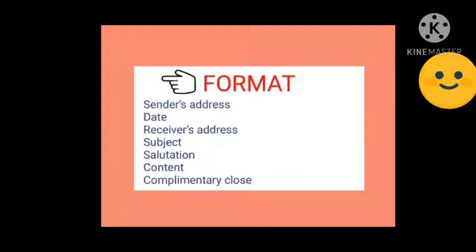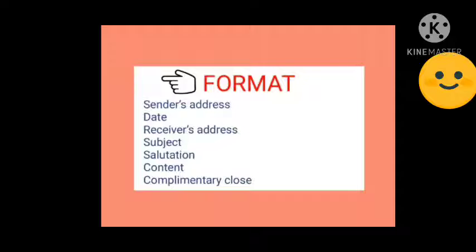Receiver's address means the person who receives the letter, whom the letter is addressed to. And we are not writing "To". We will just begin with the name of the person or with the designation of the person concerned.